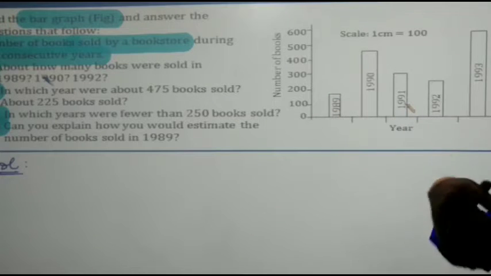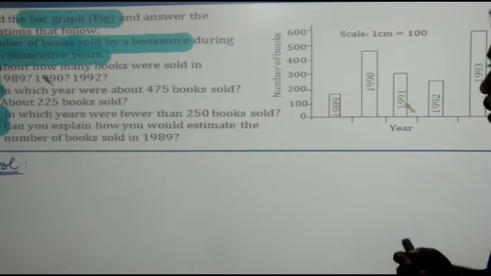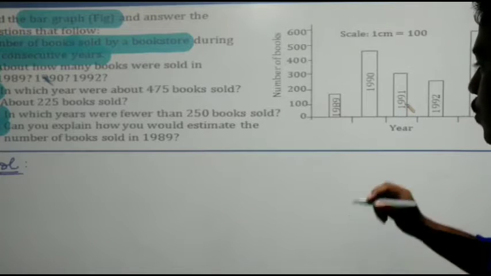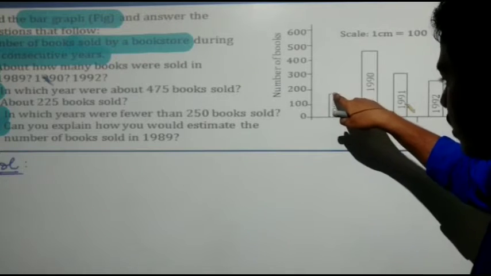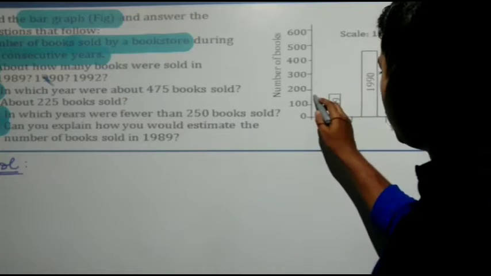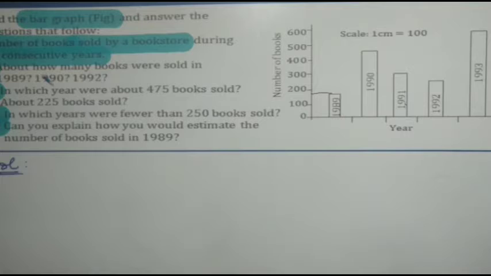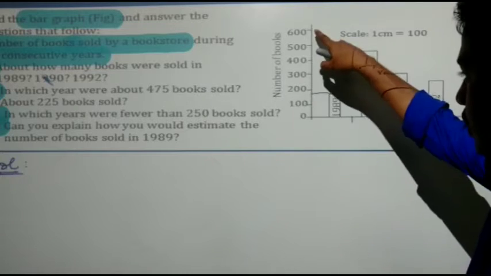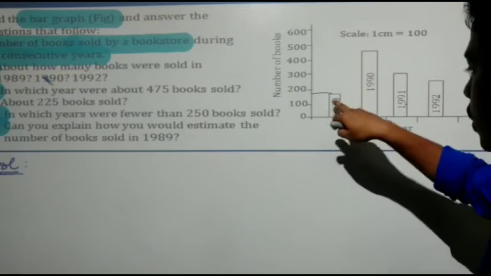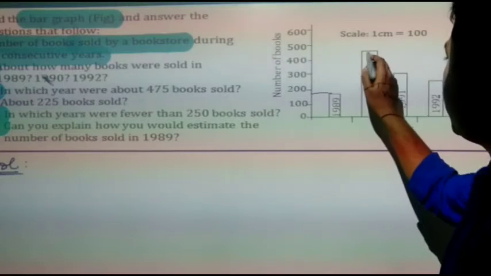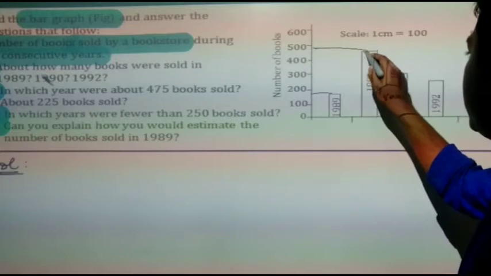What do you have to do? You have to assume. How to assume? For that, suppose we ask what this point is representing. You have to draw a line parallel to here. You have to draw a line from the y-axis, that means from the number of books, to 1989. Similarly, for this point, you draw a line from here.